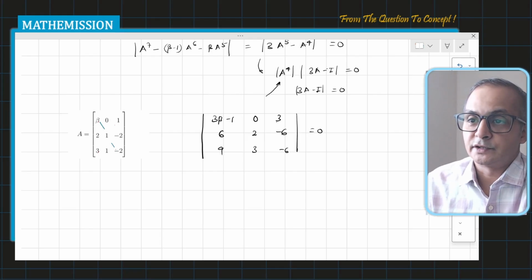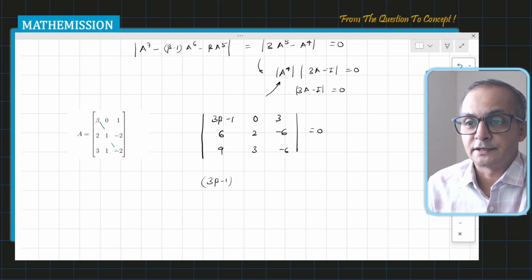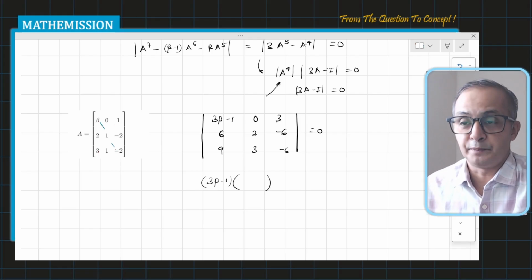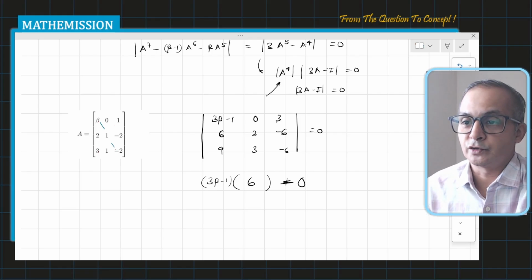Now this determinant is 0. If I simplify this, we get 3 beta minus 1 times some constant, that is going to be minus 12 plus 18, so that is 6, and for the other terms that is 0, there is no such issue, and here also you get 0.